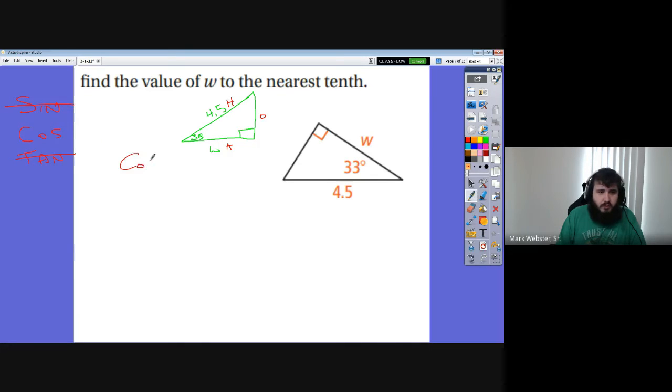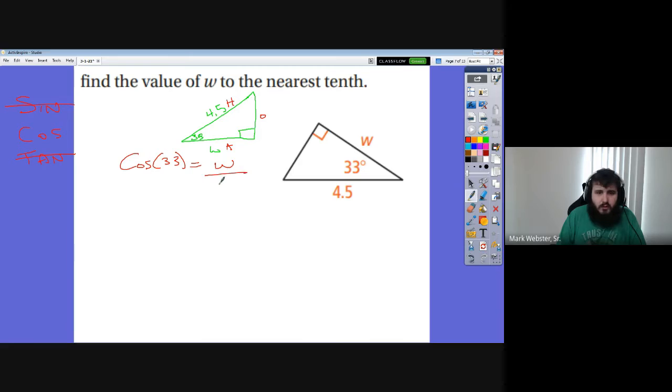So cosine of 33 degrees equals adjacent over hypotenuse, W over 4.5. So let's cross multiply. This W looks weird. Let's just fix that completely.